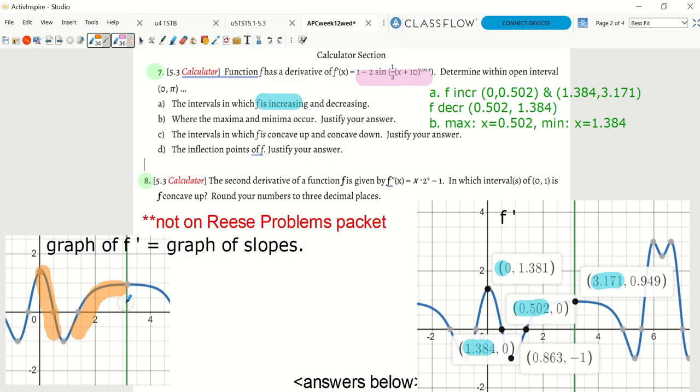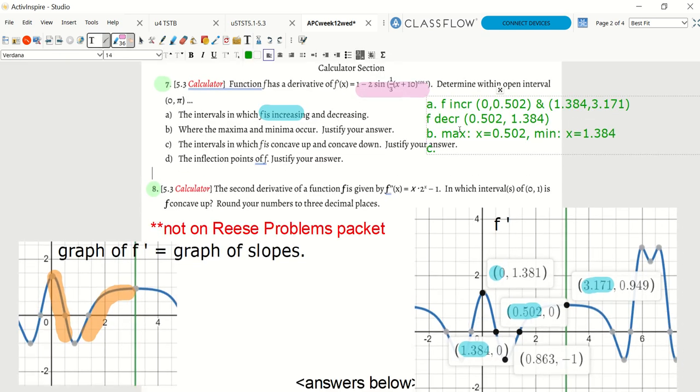All right? So for C, it is concave down from 0 to this point over here, which is 0.863, and it is concave up from this point to that point, which is 0.863 to 3.171, okay?